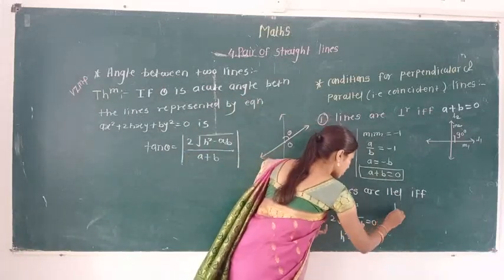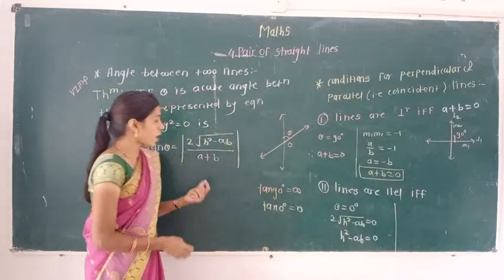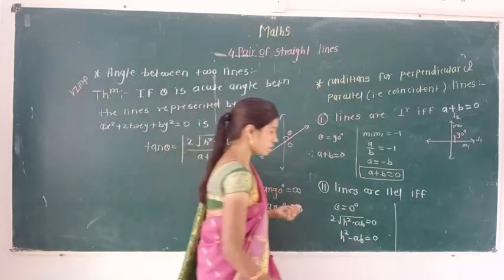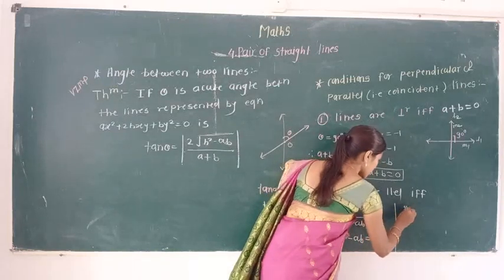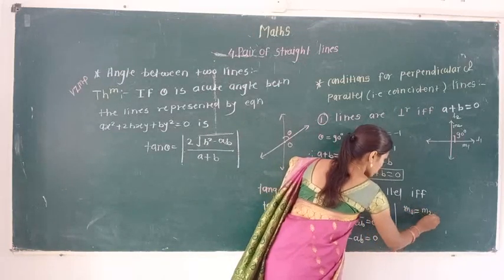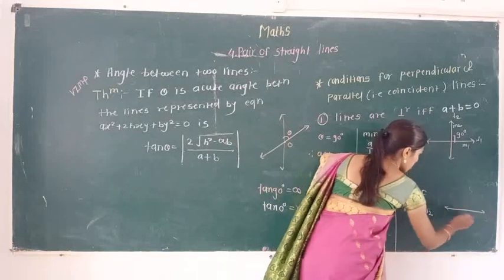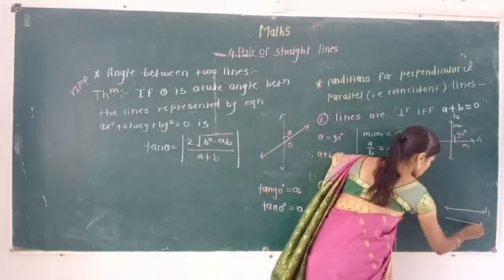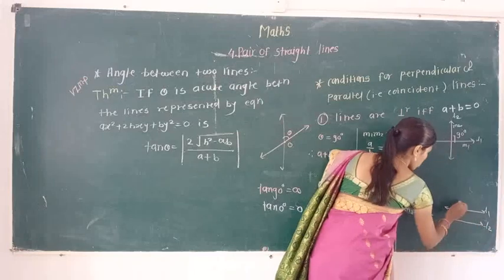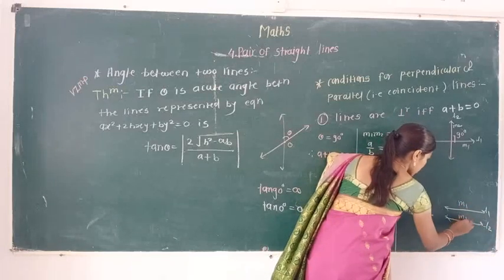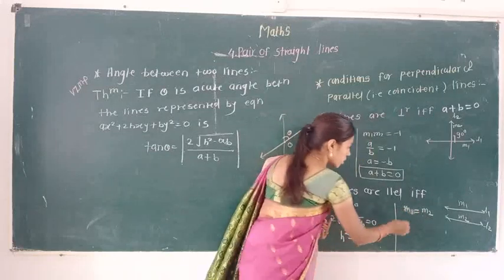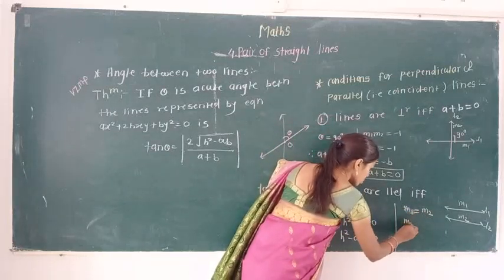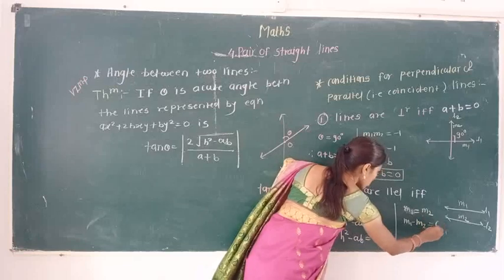Otherwise, we know that the two lines are parallel, their slopes are same, means m1 is equal to m2. These two are the parallel lines. Okay, now see, the slope of first line is m1, second line is m2. These two lines are parallel, their slopes are equal, and we can write m1 minus m2 is equal to 0.